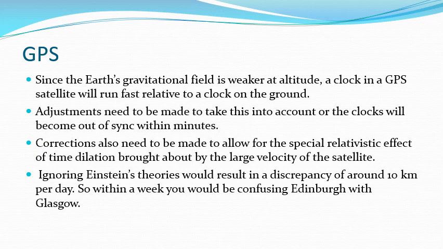Here's our summary, saying again that the gravitational field is weaker at altitude, so time is going to be faster at altitude than it is on the ground. So we need to take this into account. Without making these corrections, we get a difference of about 10 kilometers per day for our GPS mapping.